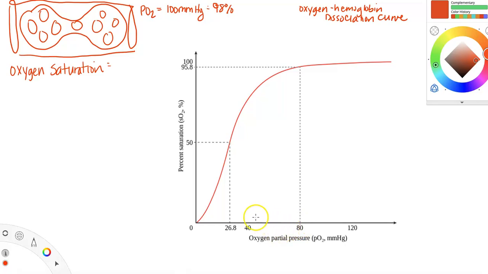So at a partial pressure of 100, here's 80, here's 120, so that's about here. At a partial pressure of 100, we are at about, again, 98% saturated. Okay? And if we follow this curve, it shows the change in saturation at the different partial pressures of oxygen.